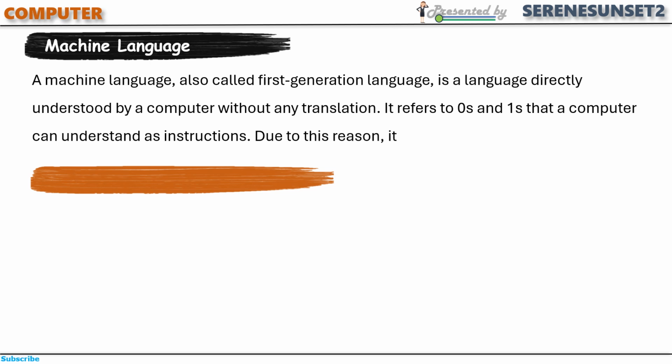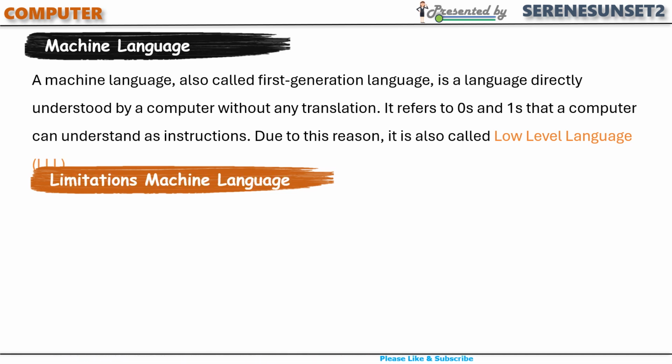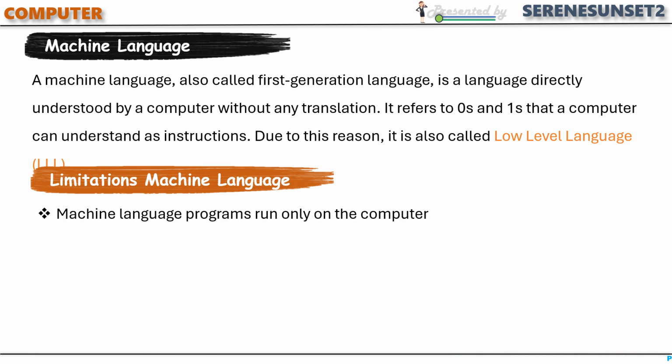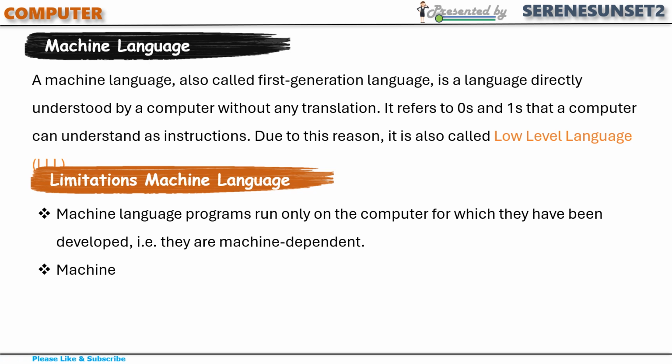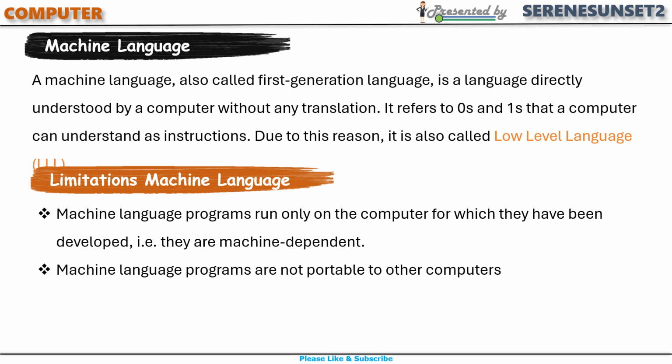Due to this reason, it is also called low-level language, short form LLL. Limitations of machine language: machine language programs run only on the computer for which they have been developed, i.e. they are machine dependent. Machine language programs are not portable to other computers.